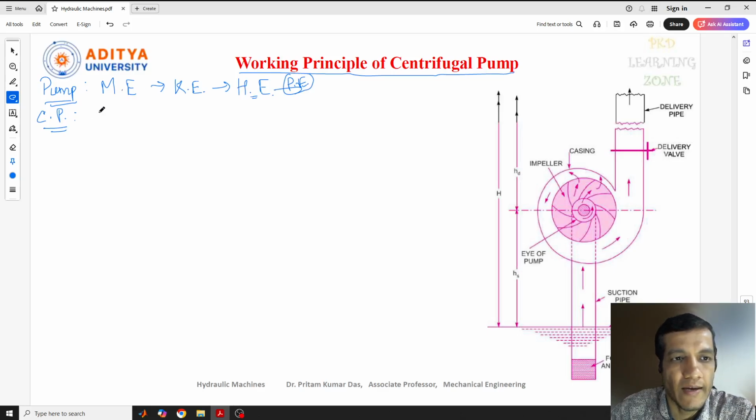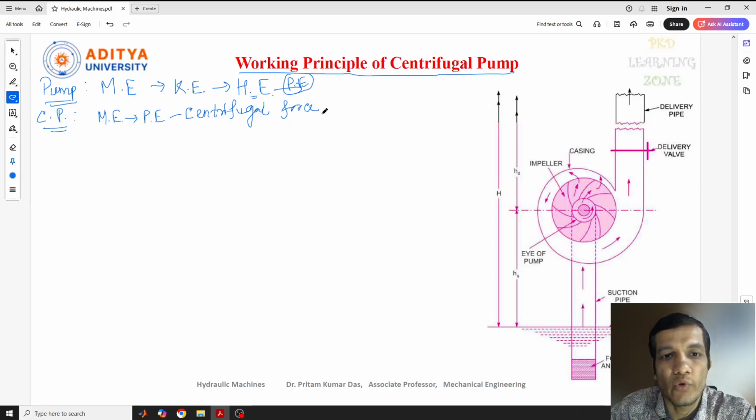If the mechanical energy is converted into pressure energy, nothing but that hydraulic energy I mentioned, with the help of centrifugal force, and the centrifugal force acts on the fluid, then that machine is called a centrifugal pump.